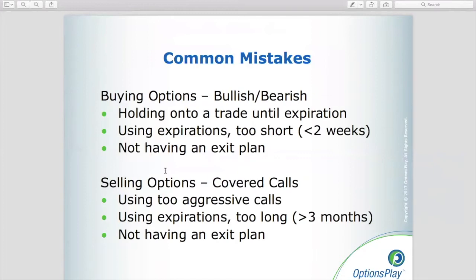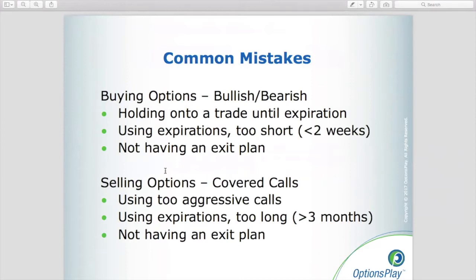And if the stock doesn't move in your direction, or if it goes lower, also get out, because you don't want to get stuck hanging onto an option that's constantly eroding in value. Typically when you're buying a call or a put, you want to enter a trade, and as soon as the stock either hits your target or misses your target, that's when you want to get out. You typically want to get out at least 1 week before expiration at the most. You want to exit that trade before it actually hits that expiration date.